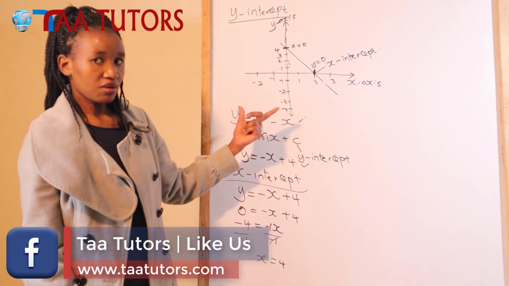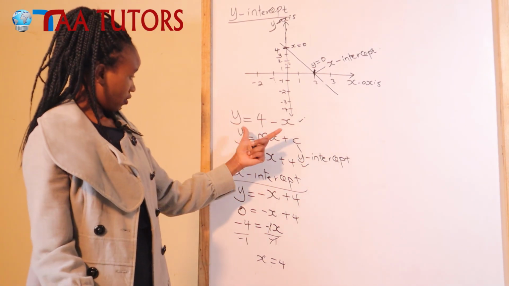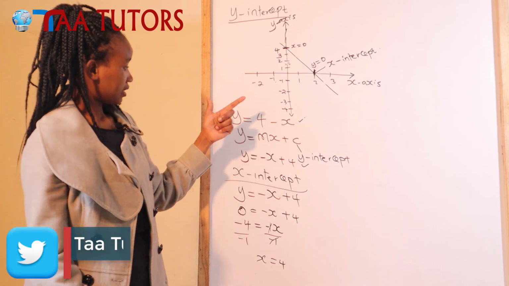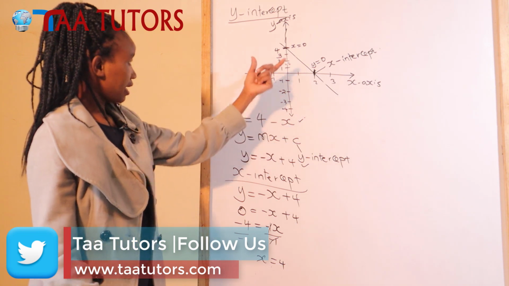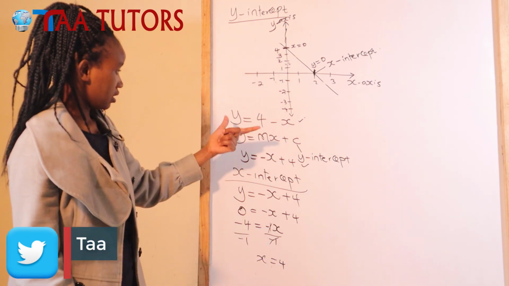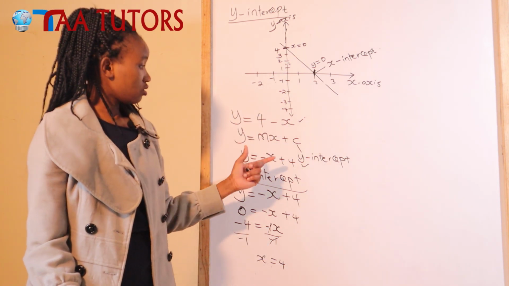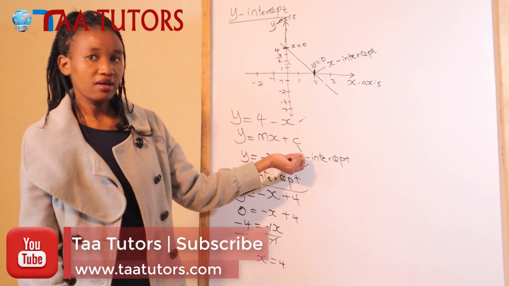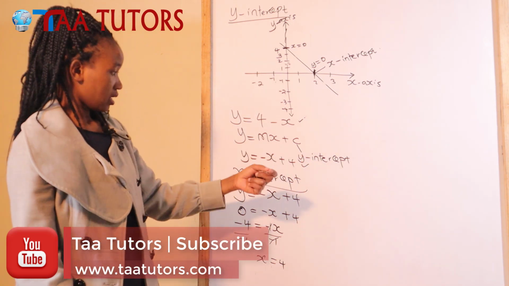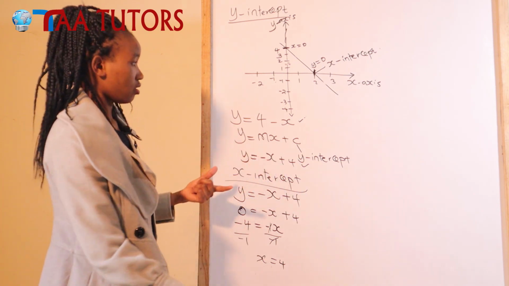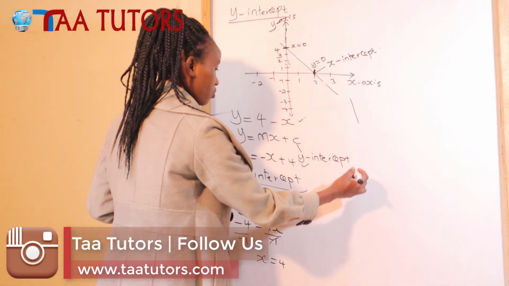Now, if I go back a little bit to the y-intercept, there is a concept I forgot to talk about. I said at the y-intercept, the value of x is 0. When you're given an equation, you can always get the y-intercept directly; that c is the y-intercept. But since at the y-intercept the value of x is 0, you can also substitute in the equation.